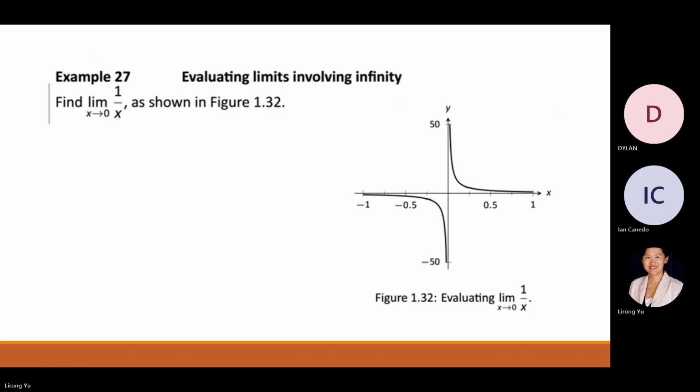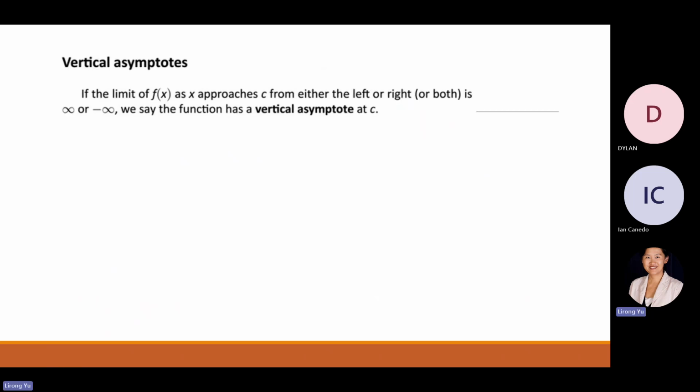All right. This is the definition of a vertical asymptote. If the limit of f of x approaching c from either left or right is equal to infinity or negative infinity, we say the function has a vertical asymptote at the x value c. So a vertical asymptote is a vertical line.